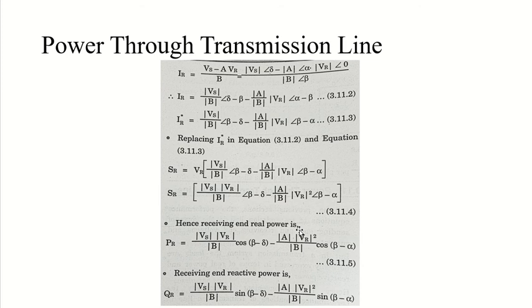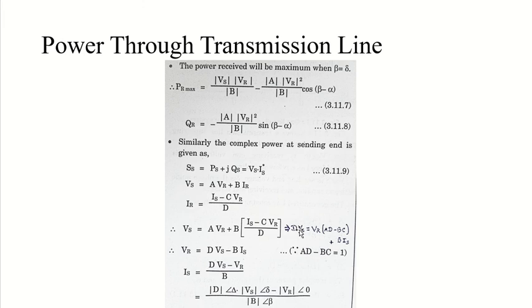Again, I'm not mentioning the whole formula because you got the point. So I will move on, and let's try to find the power which we will be receiving when we take beta is equal to delta, which means the load angle. When we take beta equal to the load angle, we will receive the maximum power.